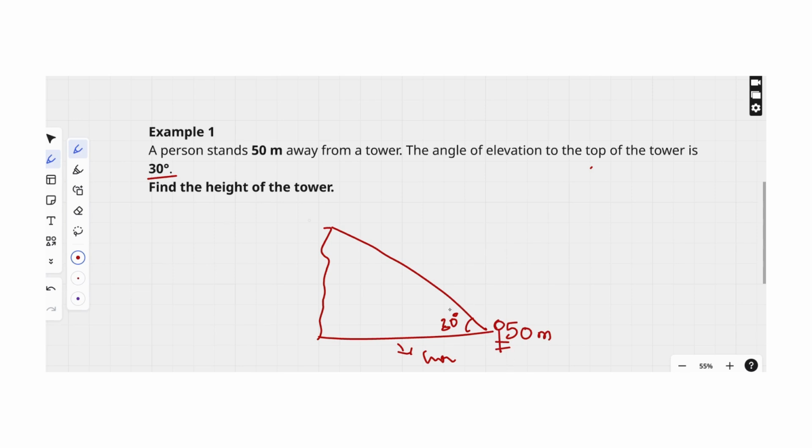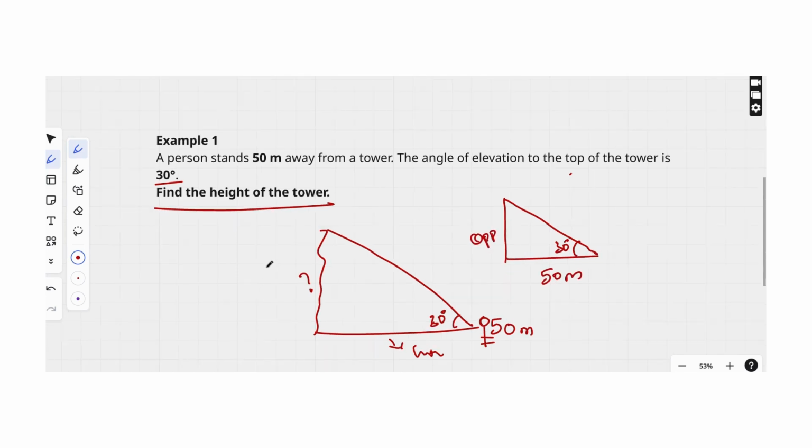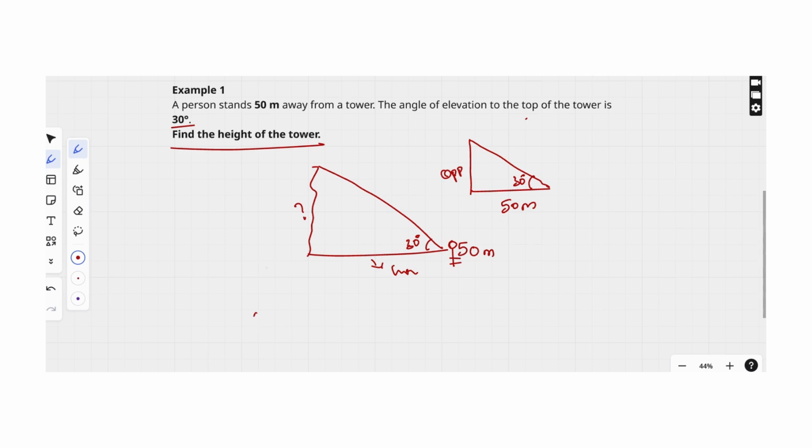So in this case, we need to find the height of the tower. To figure out this value, let me see a right angle triangle here that has a 30-degree angle and a 50 meter base. And I want to find the opposite side. I can make use of tan theta, which is tan of 30 degrees equals opposite divided by adjacent, which is 50.